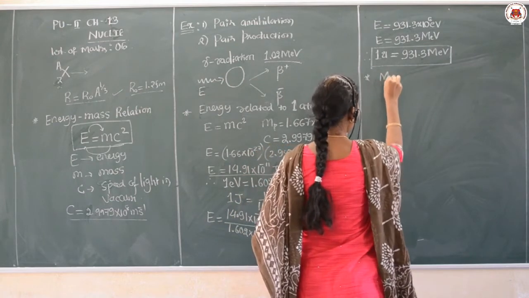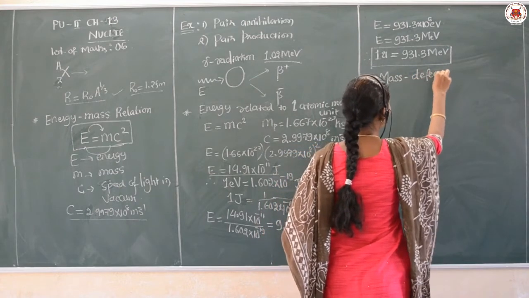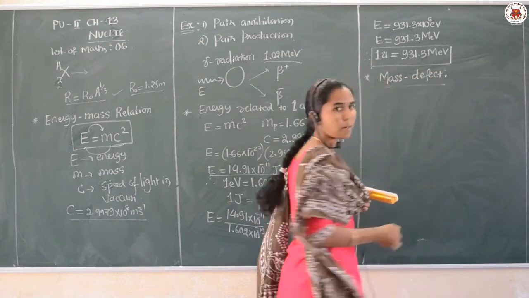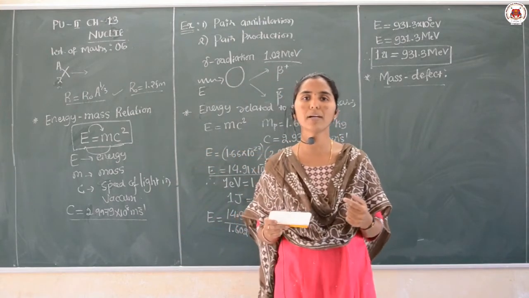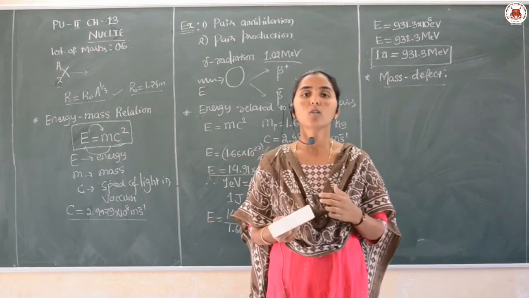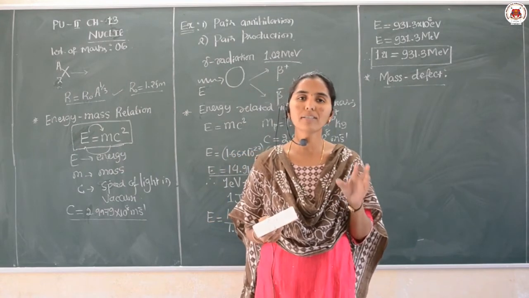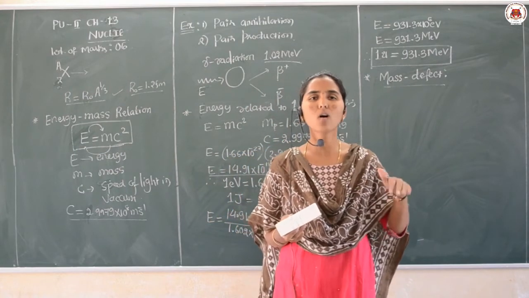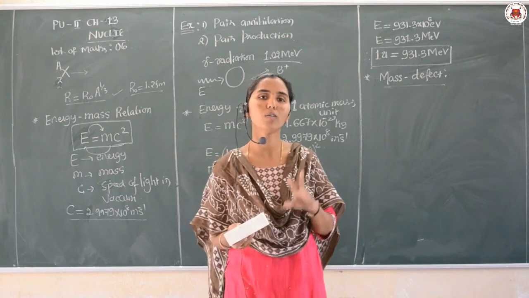Actually, first we will study mass defect. Yes, what is a mass defect? Whenever we study the mass of the nucleus, we find that the total mass of the nucleons is always greater than the actual mass of the nucleus.